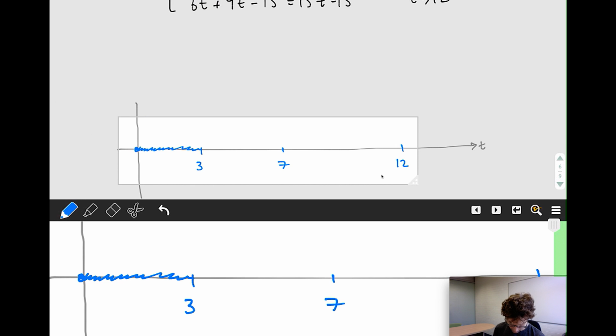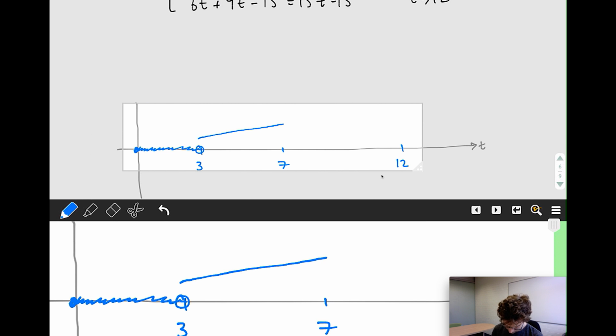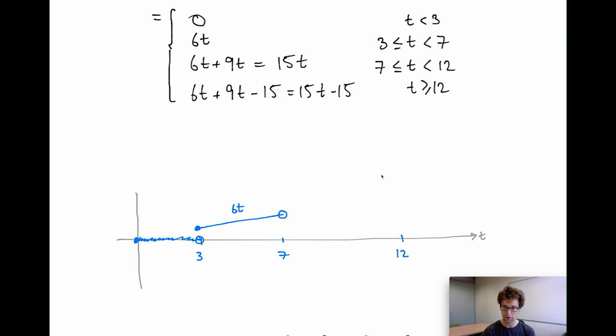We're including the point on the left, we're not including that point. And then it grows like 6t. Since we're starting off at the value 3, it's going to grow something like this. That's 6t. We're including this point, but not including this point. Again, I'm guided by the definition of our function. So I'm including the point at 6t for 3, but not including it at 7.